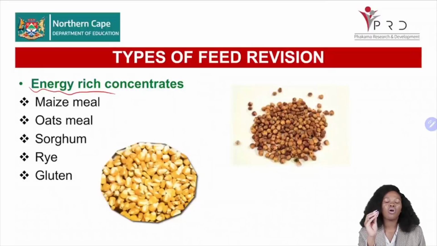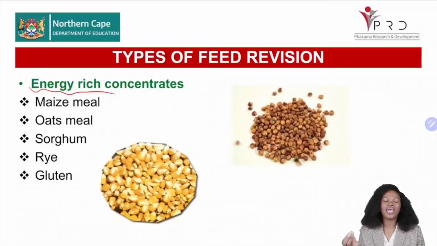If concentrates have more carbohydrates and fats, we will conclude by saying the concentrates are energy rich, because carbohydrates and fats are necessary for energy, or they provide energy to farm animals.